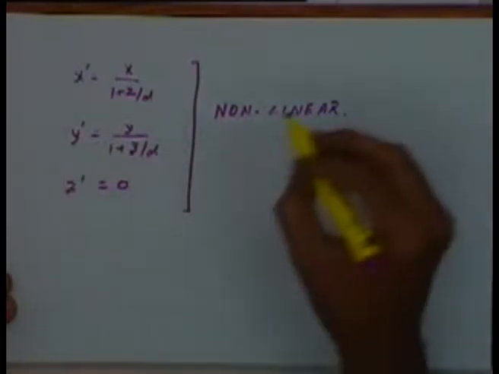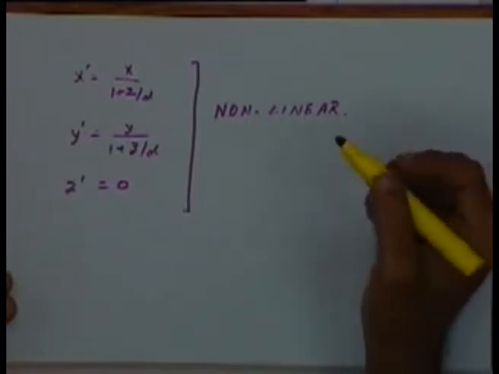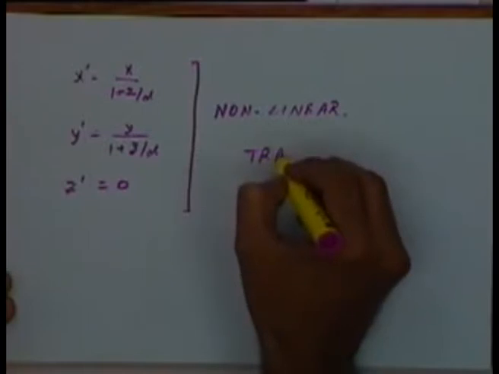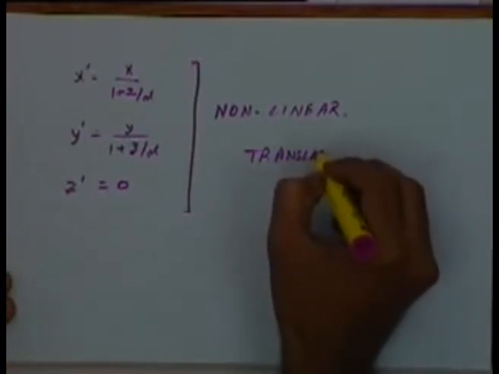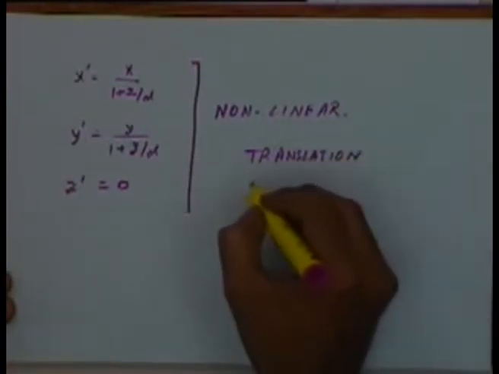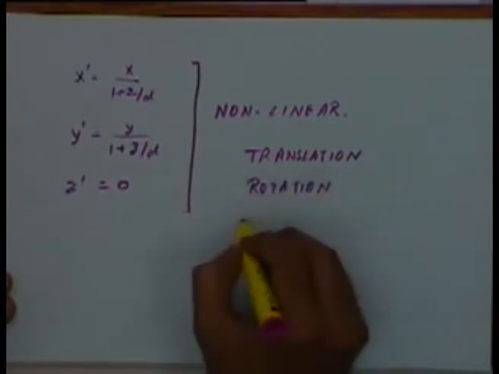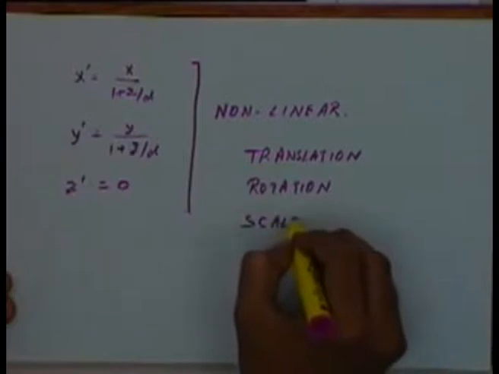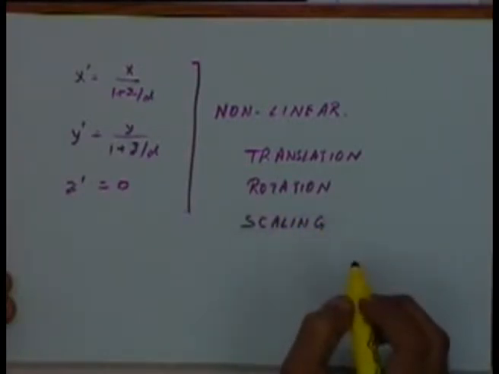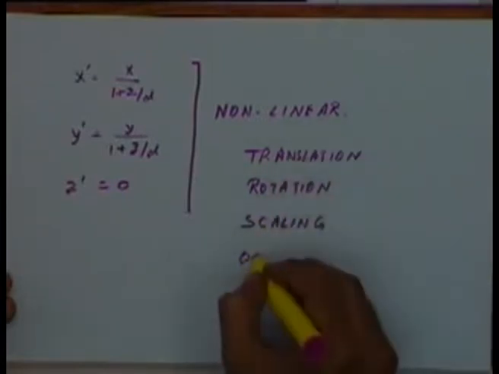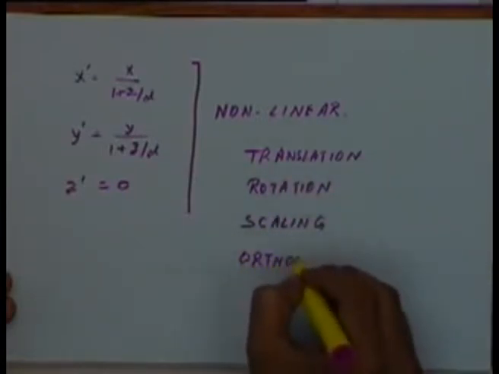Okay. All the transformations that we saw earlier, that is, we had seen translation, we have seen rotation, and we have seen scaling and orthographic projections.